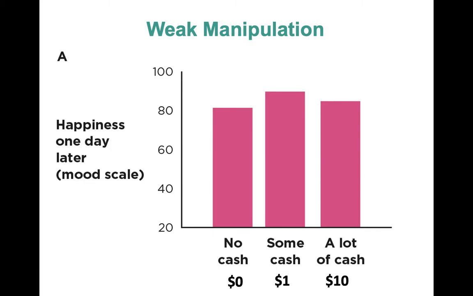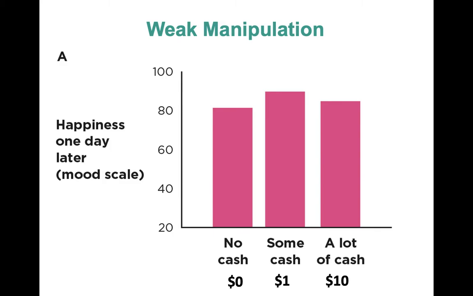Well, maybe there's no differences between these treatment conditions simply because the manipulation of money is weak. It's not very strong. By today's standards, $10 isn't a ton of money. I guess it depends on who you're giving it to, but that's not life-changing money by any stretch of the imagination, especially when we're interested to see whether there's a lasting effect 1 day later.